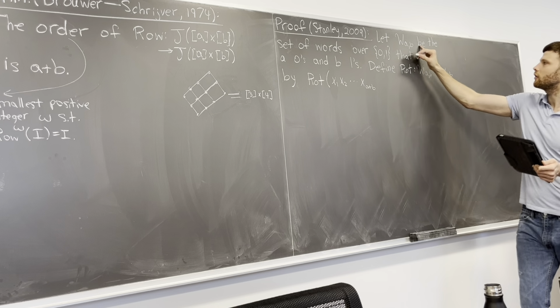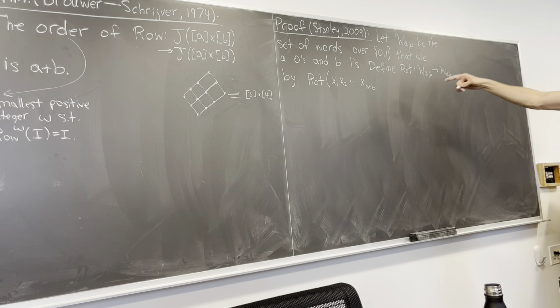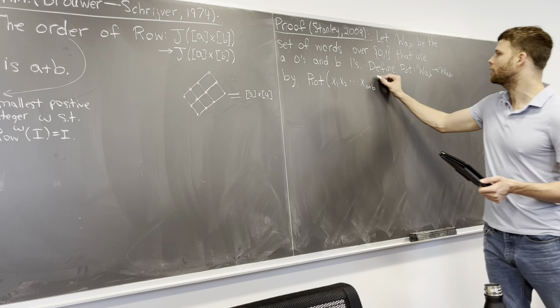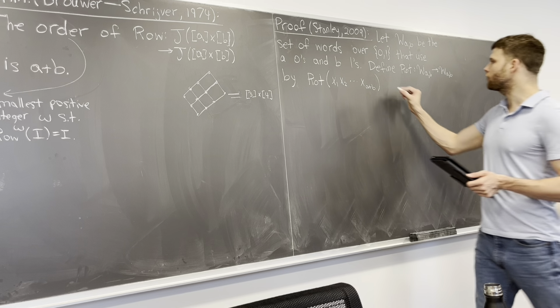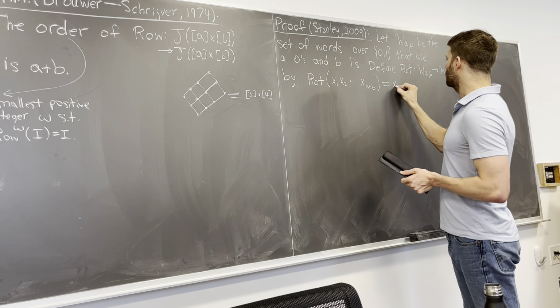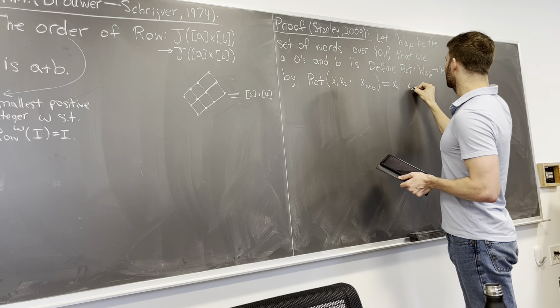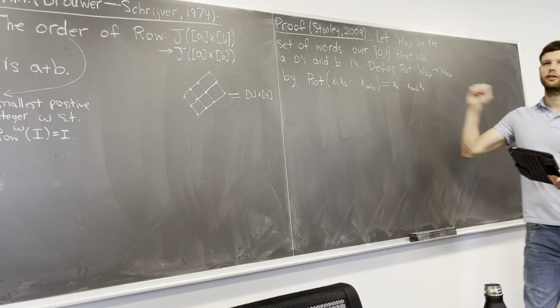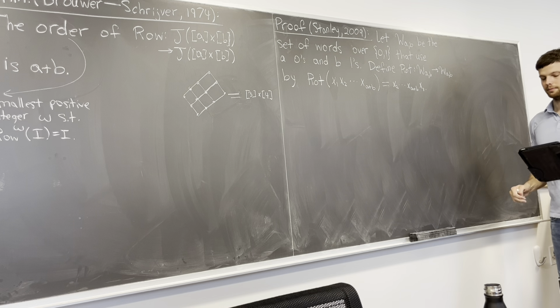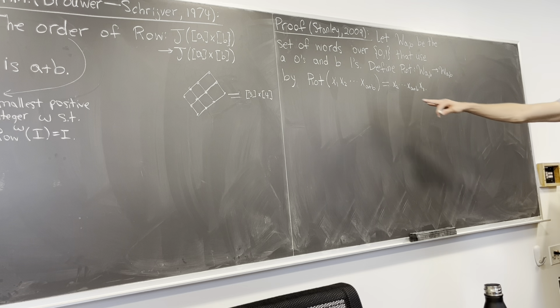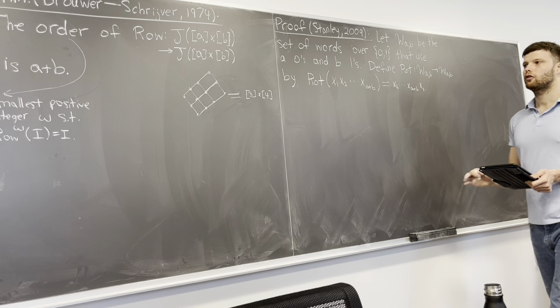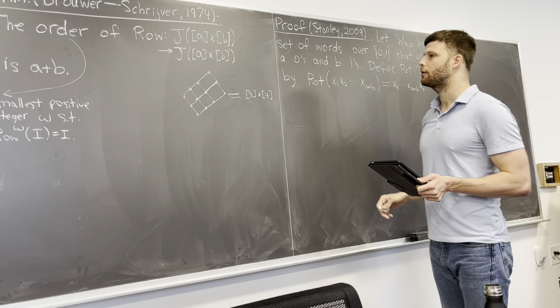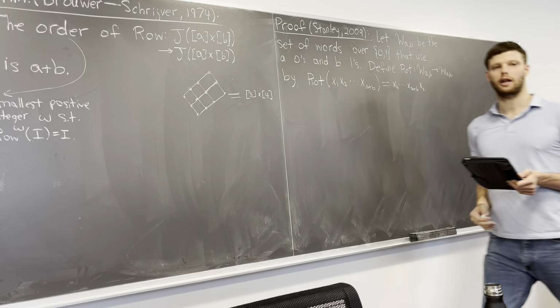Every word in this set has a plus b letters because it has a zeros and b ones. This is just going to be x2, dot, dot, dot, x_(a+b), x1. So I just cyclically rotated the word by taking the first letter and moving it to the end. So this is very simple. We understand this map very well, there's nothing complicated going on, you're just moving the first letter to the end. And we're going to try to relate this very simple operator to Rowmotion, which seems more complicated.